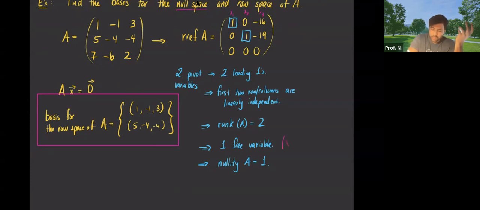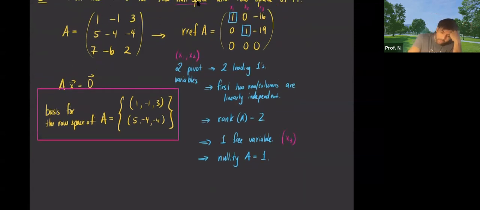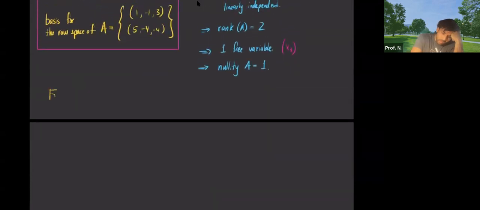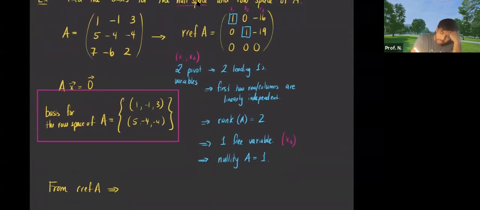So from the row reduced echelon form of A, what do we have? We got that x1 minus 16 x3 equals 0, and x2 minus 19 x3 equals 0.